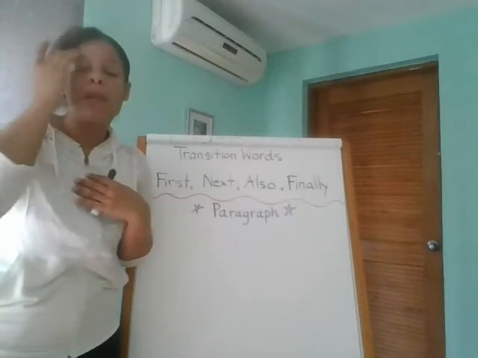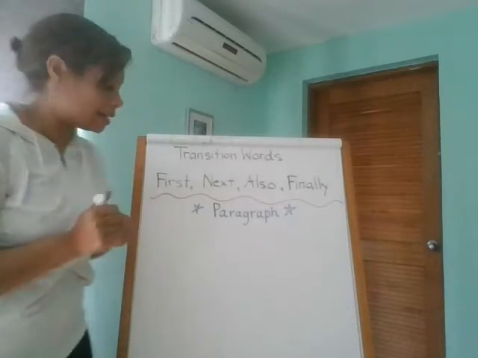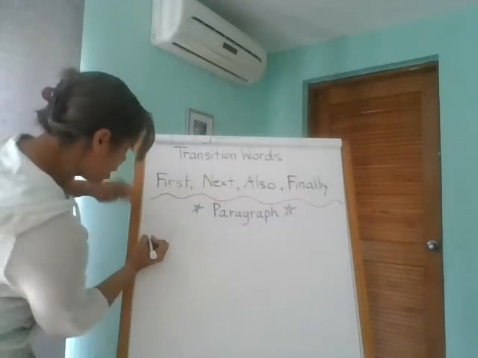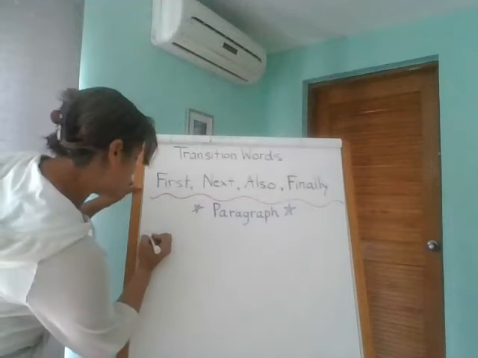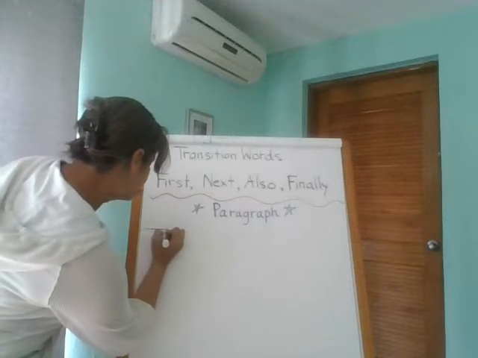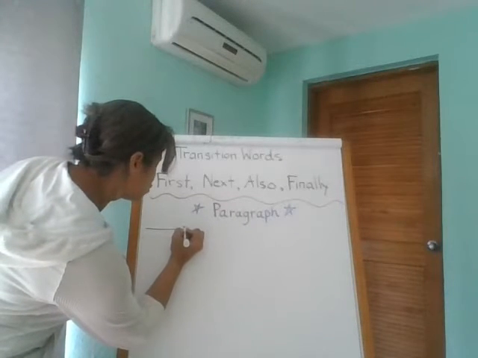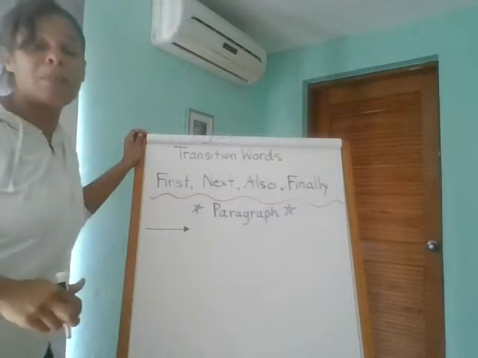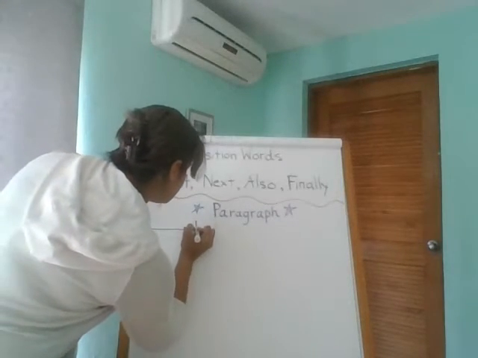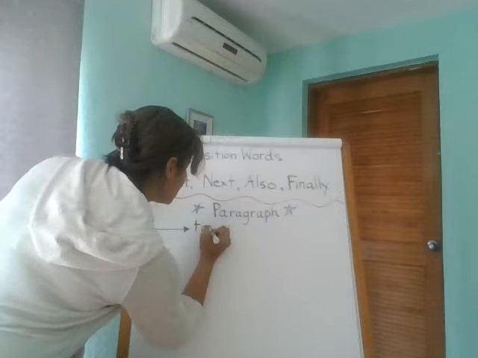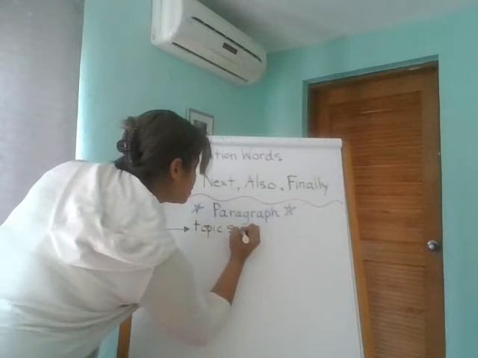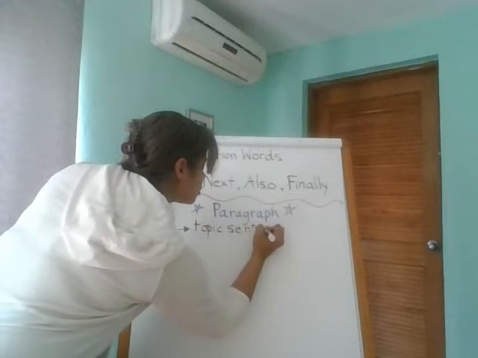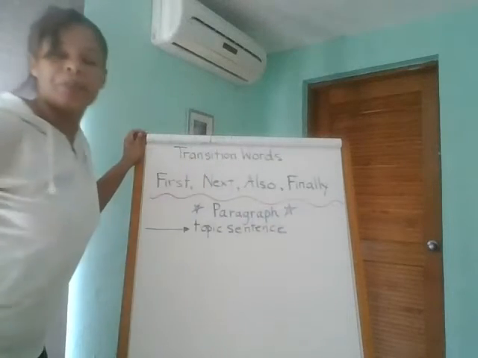The first sentence is going to be your topic sentence, but you must indent it. So remember, indent means you're not starting over here, right in the margin. You have to come over some, and you're starting about right here. And this is going to be your topic sentence. Okay?